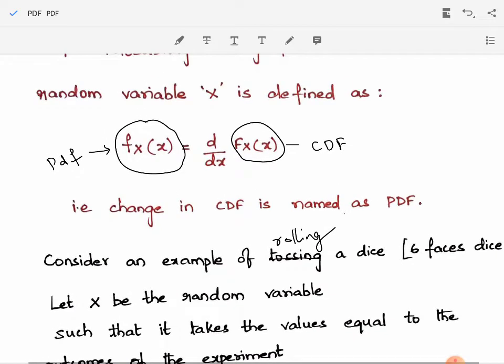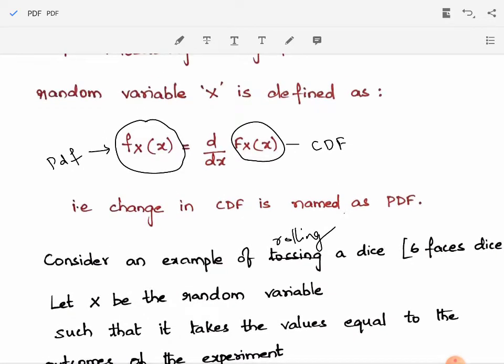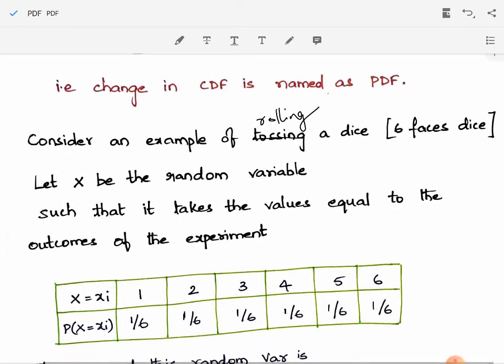Let X be the random variable which takes the face values observed when we roll the dice. So X is equal to xi, and your random variable X takes the values 1, 2, 3, 4, 5, 6.